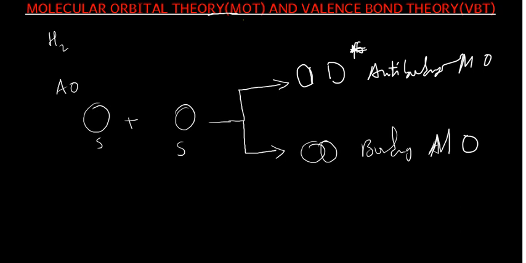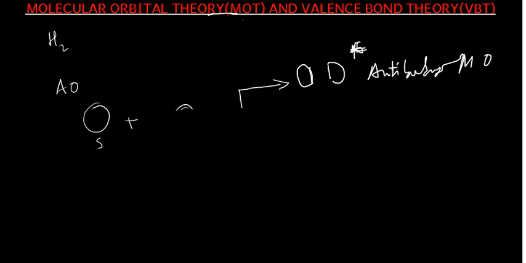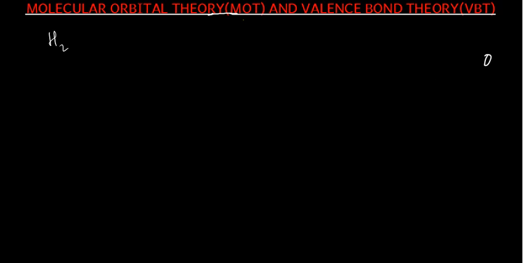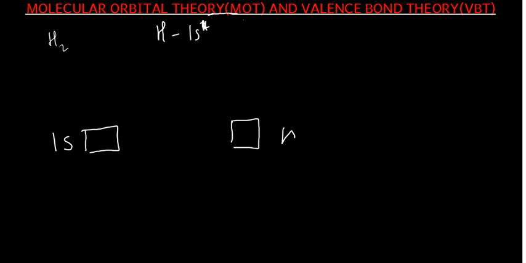So for example, let's give an example of our hydrogen molecule. Now the hydrogen molecule comes from two hydrogen atoms. Each hydrogen has an electron configuration of 1s1. It has only one orbital. So we have one 1s orbital coming from one hydrogen, and the other 1s coming from the other hydrogen.